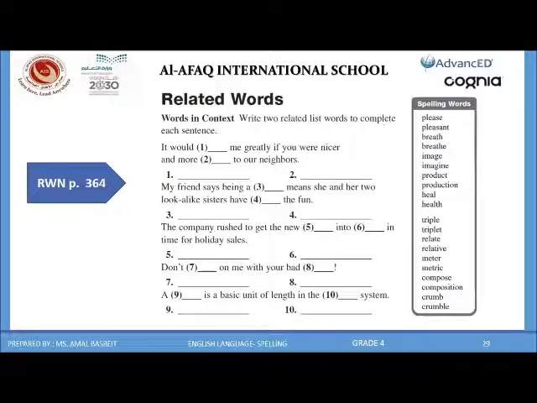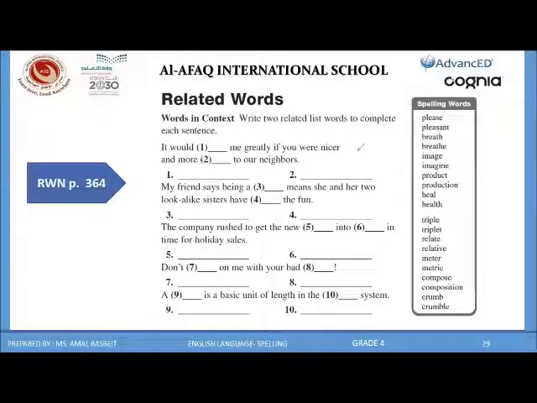Now it's our time to do the exercise. Please turn to your book and take your time to solve it by yourself, and then check your answer with me. Okay? Number 1. It would me greatly if you were nicer. So what might the answer be? More kind, more happiness to our neighbor. So what is the word that means happiness?